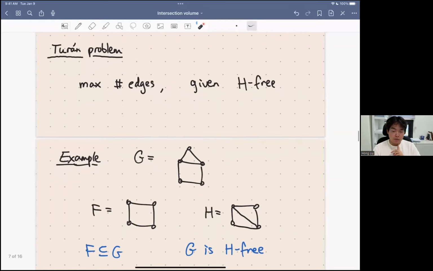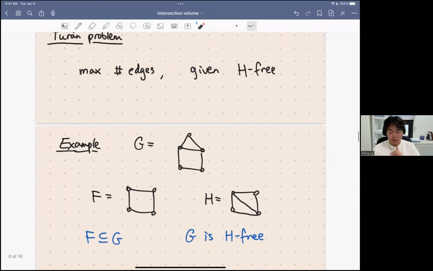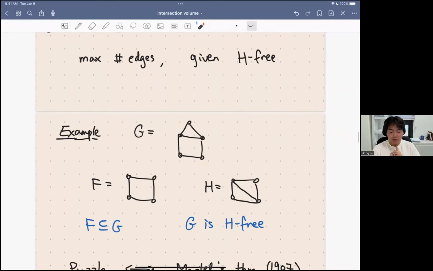And what do you mean by not having H as a subgraph just means that you cannot embed a graph into another one, an injective map from the vertices of one to another, preserving the adjacencies.